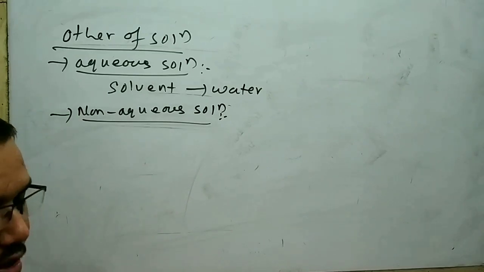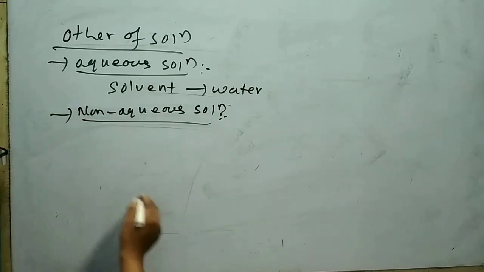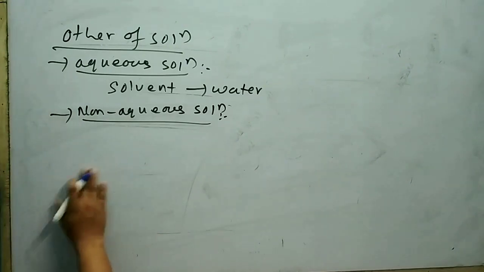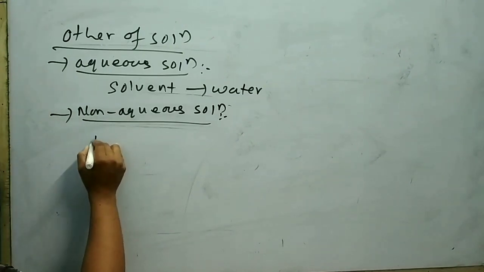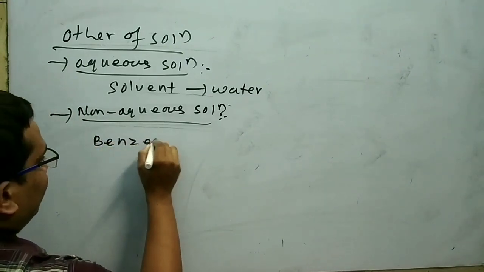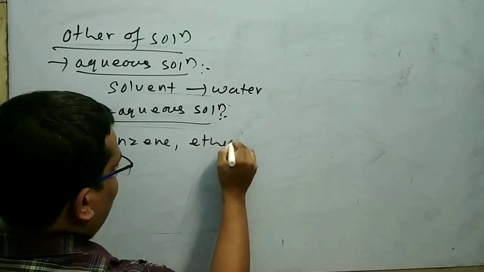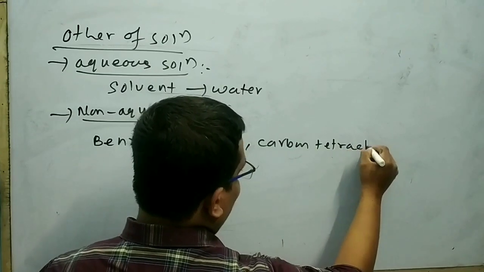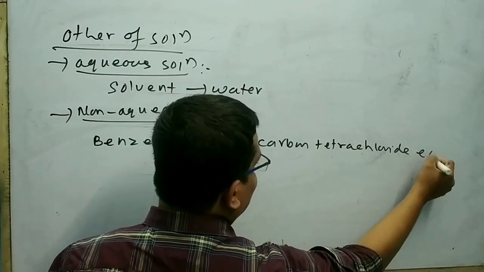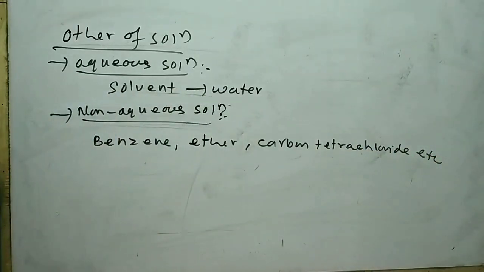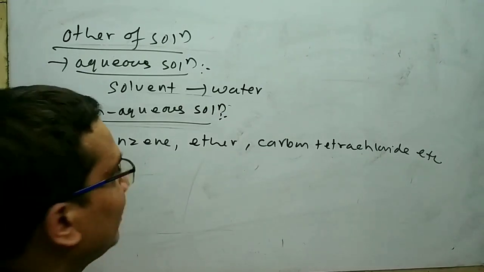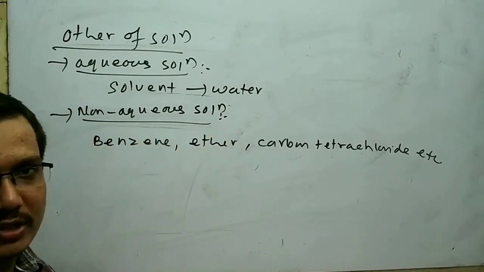There are a large number of non-aqueous media that are taken as solvent. The non-aqueous solvents are benzene, ether, carbon tetrachloride, etc. These are the solvents which are used as non-aqueous solvent in non-aqueous solution.